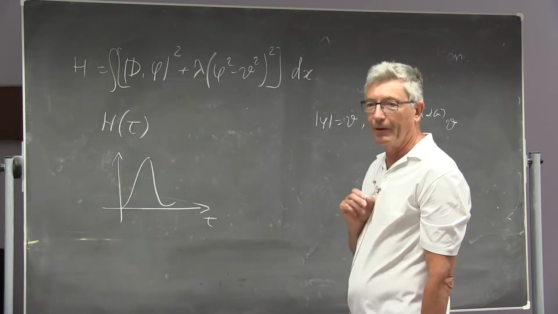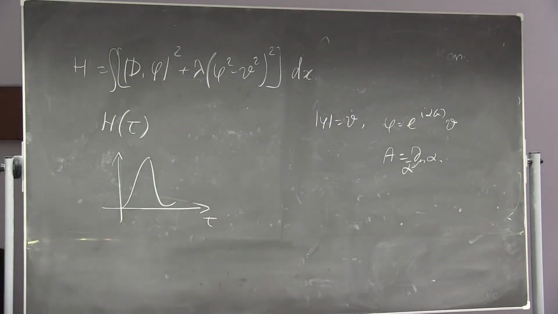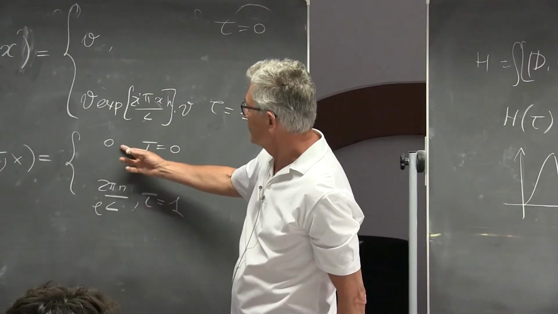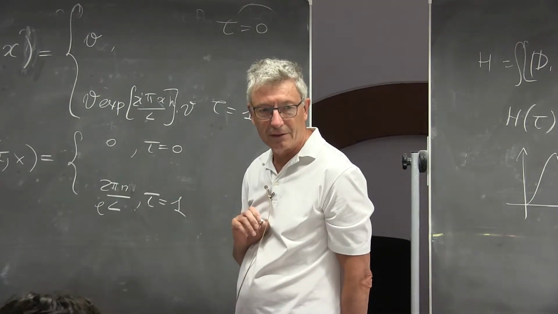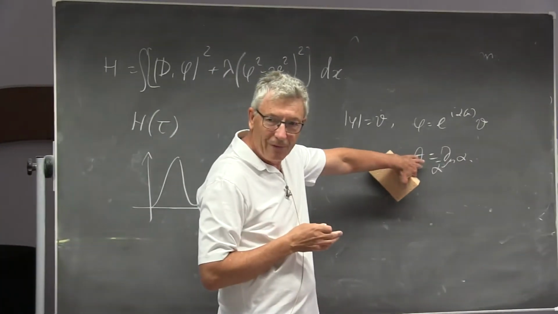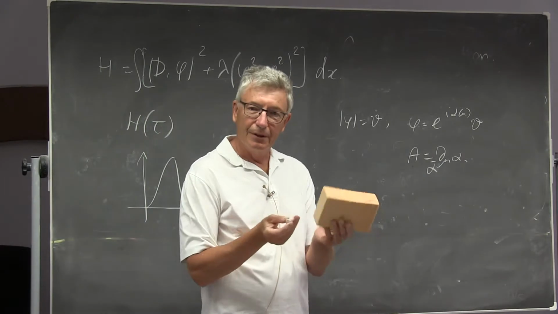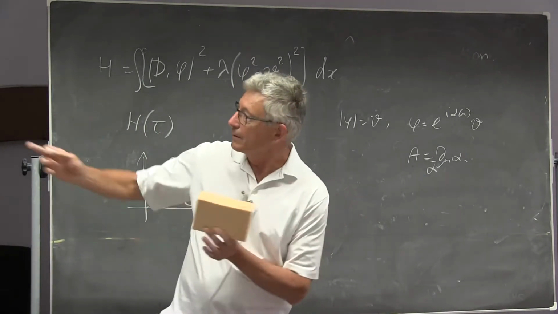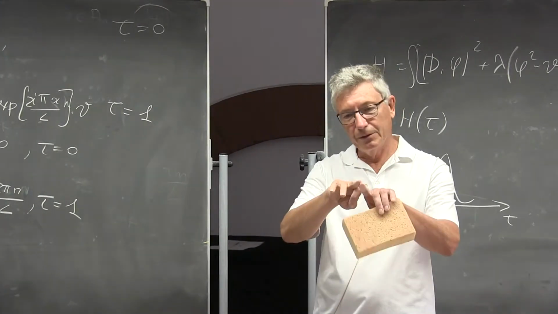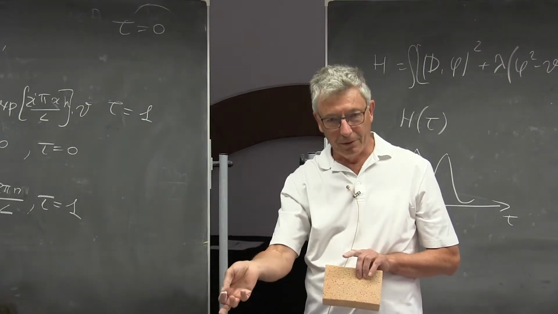Okay. Now, can you go from this state to that state, or from this state to that state, being always in this situation? The answer is no. Why not? Because of the mapping: this first state corresponds to a trivial mapping. So you have your spatial circle, and you map it to a point.